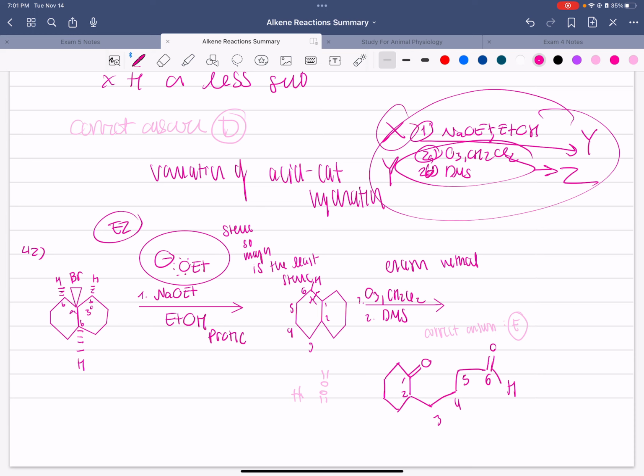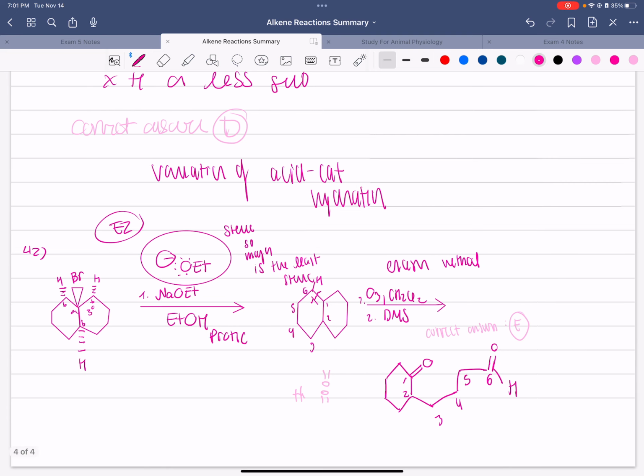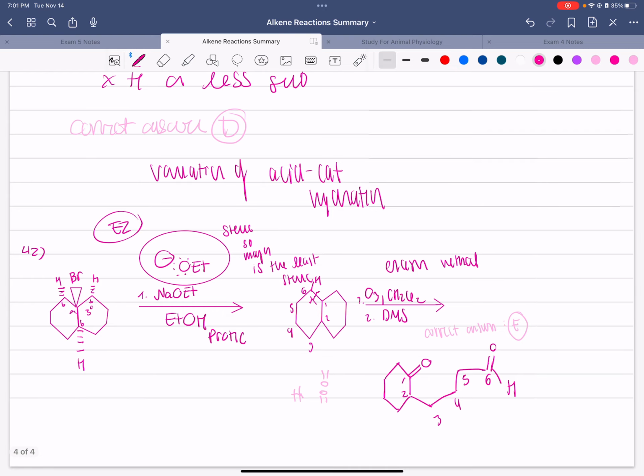So you do reaction 1, which will be this, to get your Y. And then after that, you can proceed to step 2 to get your product from step 2. So you don't think of everything as a whole. You do it step by step in those cases where you get more than one reaction, like when you see step 1, step 2, step 3.